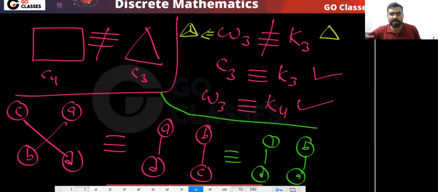And W3 is the same as K4. So W3 means the wheel graph on four vertices. Remember, W3 is the wheel graph on four vertices. Very good, Preeti, very good. So this W3 is isomorphic to K4, and this C3 is isomorphic to K3 because this is your K3.